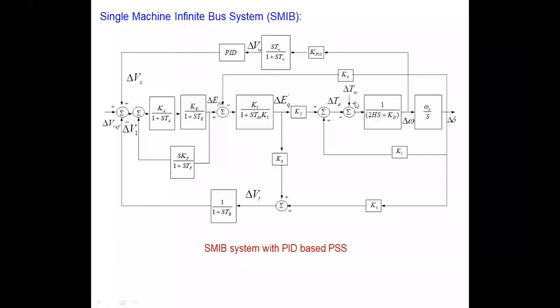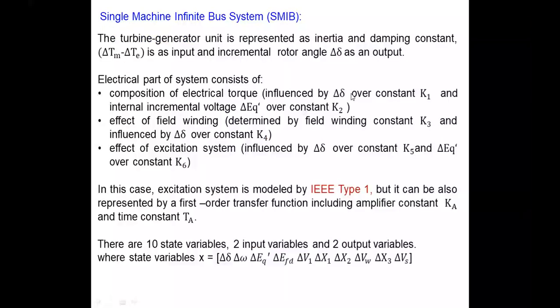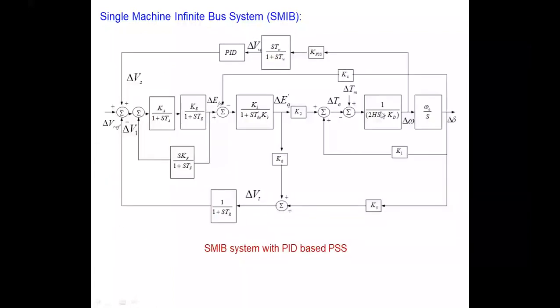But as I said, we will not model the equations for the turbine and the governor. So we will just consider some disturbance in the turbine mechanical power here. That's all. So the difference between the mechanical torque and the electromagnetic torque is the input. And we have the rotor angle delta, as you can see here, that will be the output variable here.